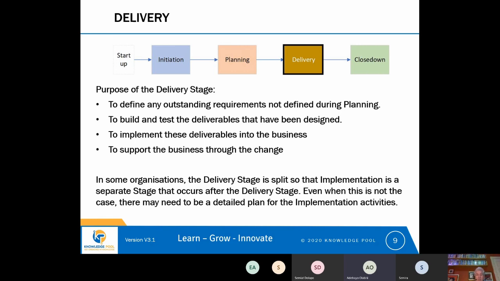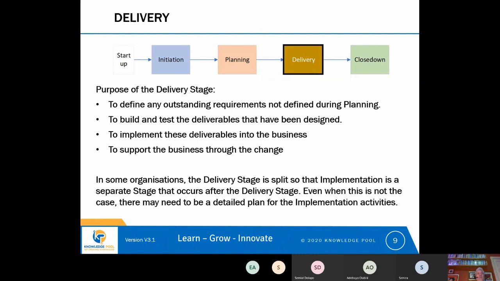Now, if we're using Agile, Agile is basically an iterative approach where we decide that we're going to undertake small chunks of work, and we decide how long those chunks of work are going to take. 2 weeks is a common period, and they call those chunks of work sprints.